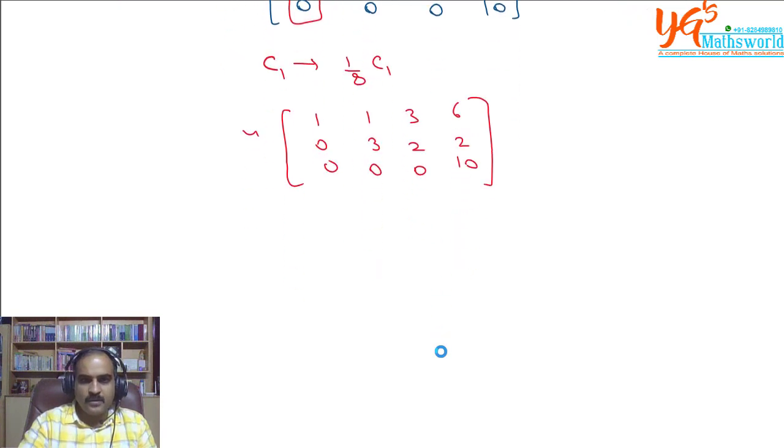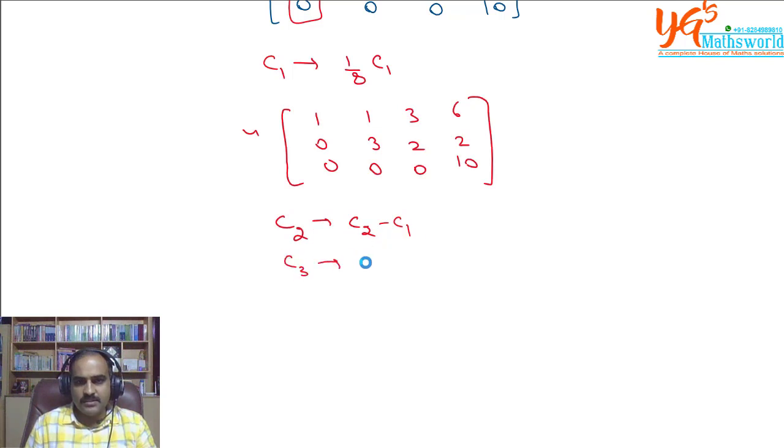Now on column C2 I will apply C2 minus C1. On column C3 we will apply C3 minus 3 times C1. On column C4 I will apply C4 minus 6 times C1.